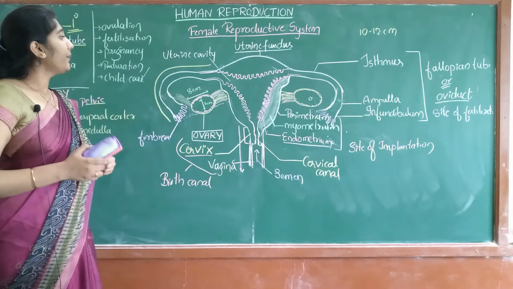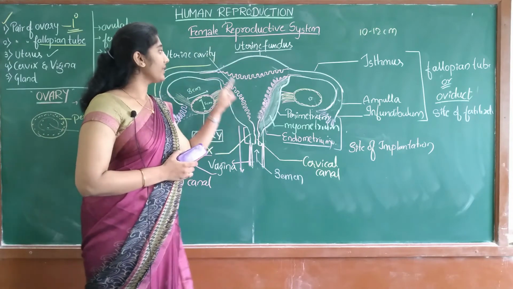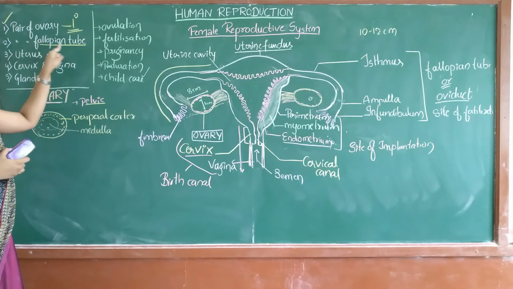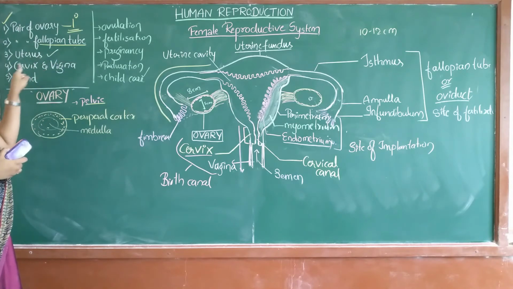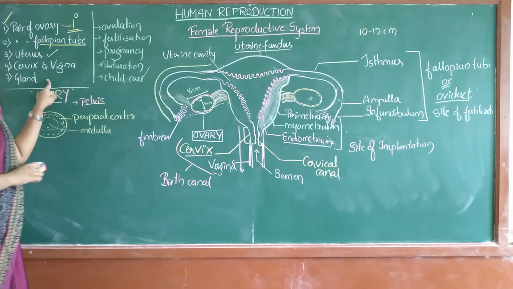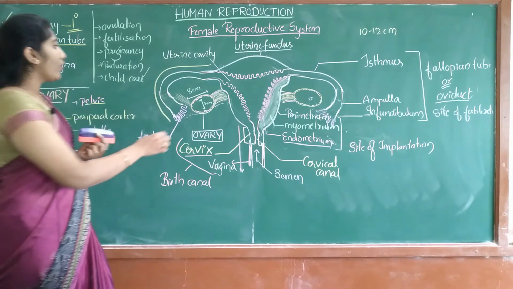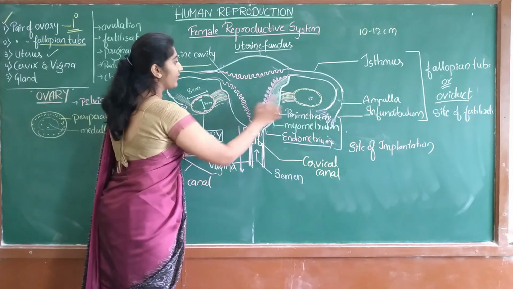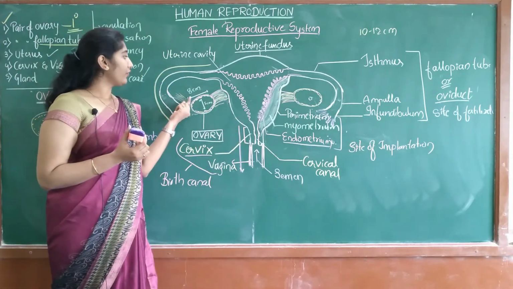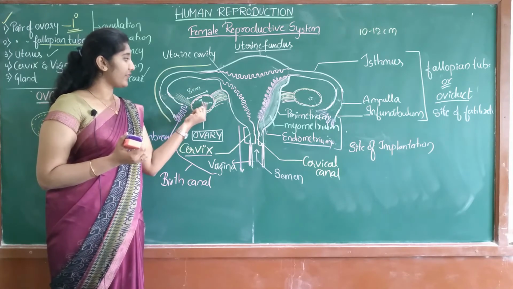Let me recall it. The female reproductive system has a pair of ovaries, a pair of fallopian tubes, uterus, cervix and vagina. Glands we are going to study in the next class. The pair of ovaries are called primary sex organs, and the length of the ovary is 8 cm, the width is 5 cm.